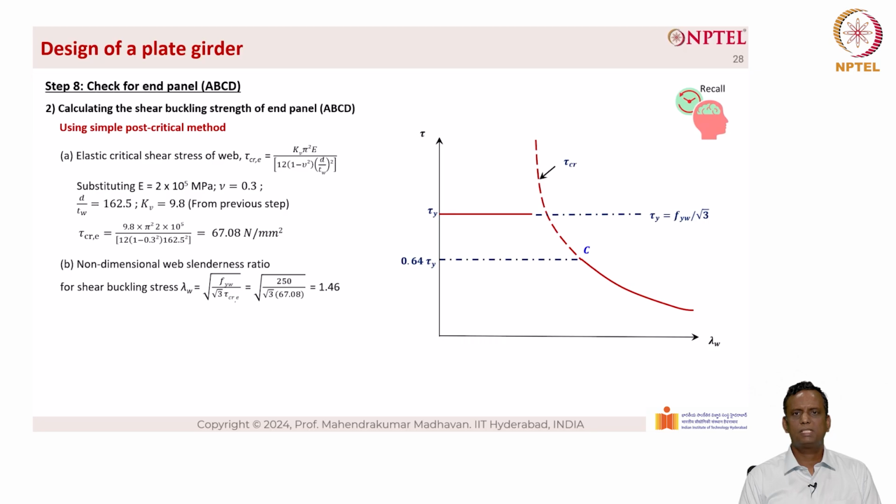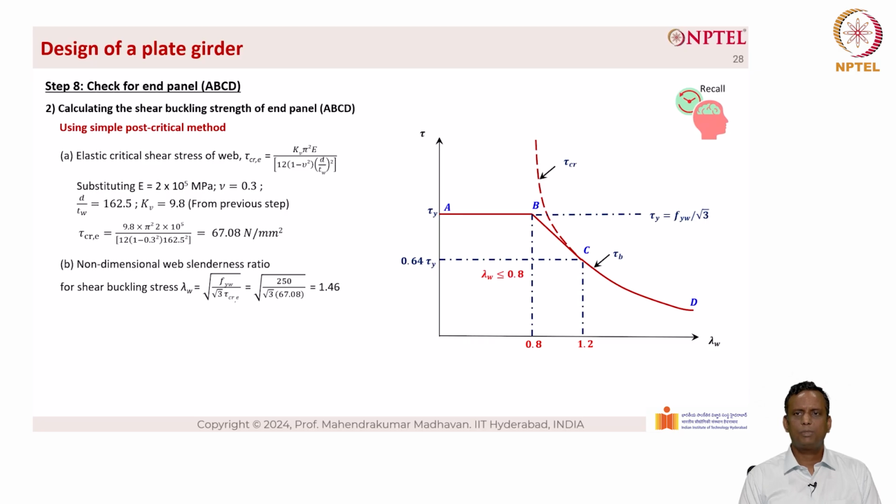Then there is a point C which is 0.64 tau y, and the corresponding slenderness is 1.2, and then there is a point B which corresponds to 0.8 in the slenderness region. B and C are connected by a straight line where linear interpolation can be carried out. So we have a curve ABCD which represents the tau b curve.